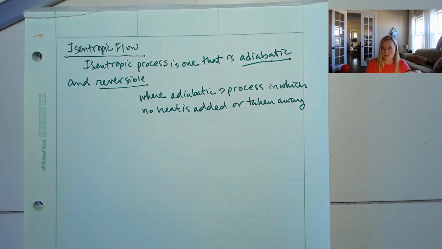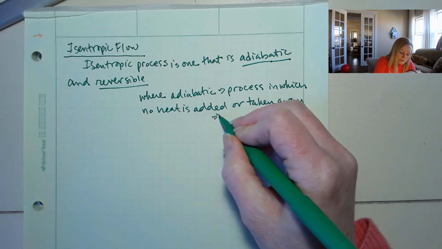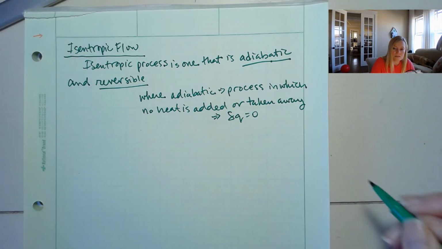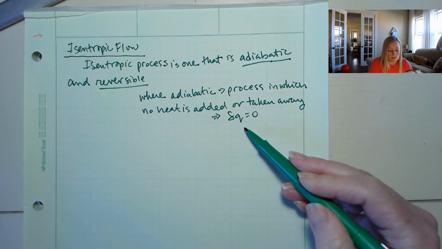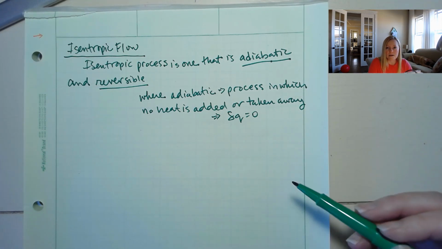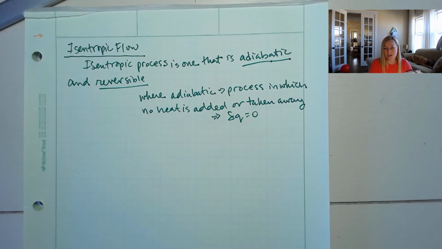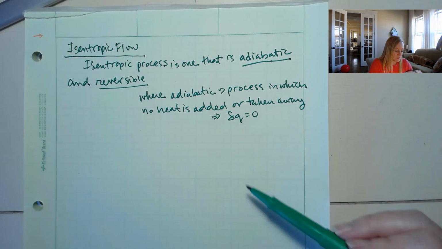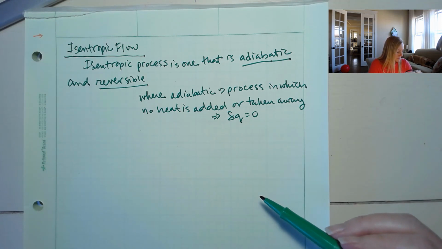Okay, so that's what we mean by adiabatic. So if you look at that delta Q term, that's going to be 0. And remember, we talked about delta Q in the last lecture. We had the specific heats and all of that stuff. So that term would go to 0.